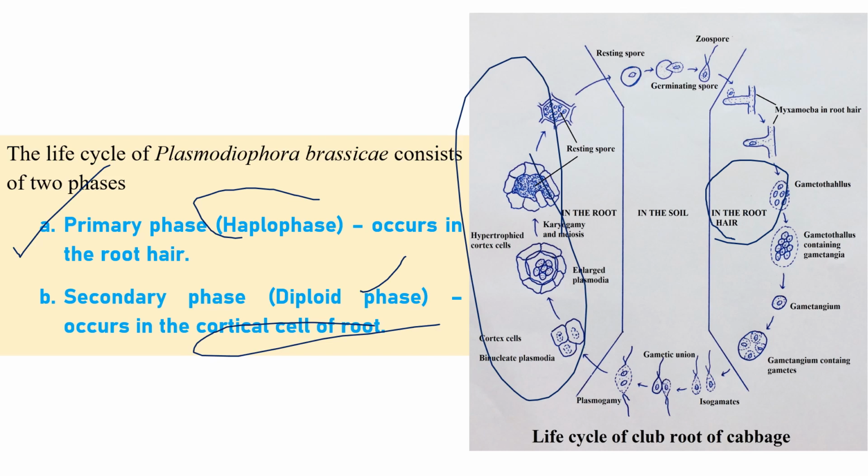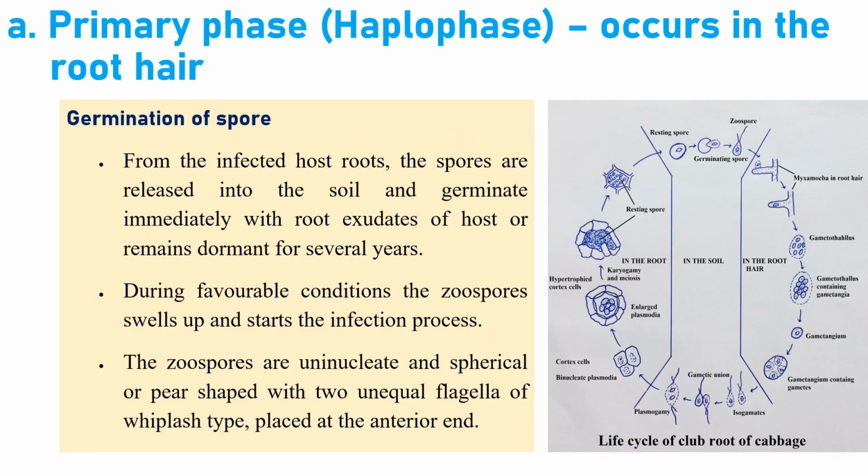Let's start with phase number 1, the primary phase. Again, it is divided into subdivisions for easy understanding. The primary phase, or haplophase, occurs in the root hair region, starting with germination of the zoospore. The germinating zoospore comes in contact with the root region of the plant.